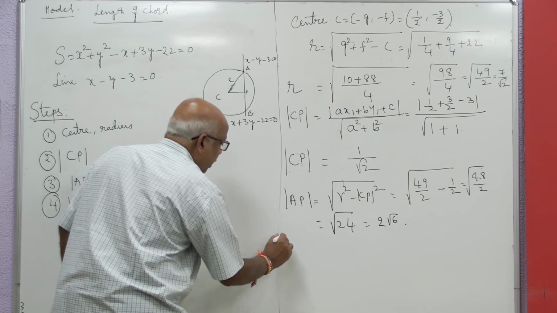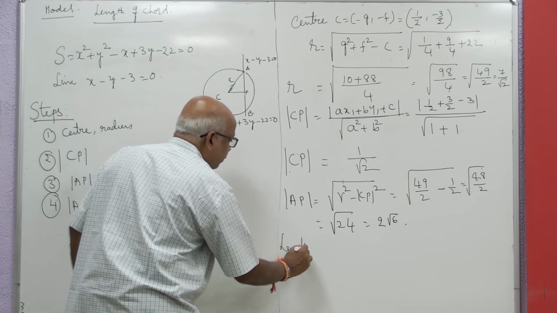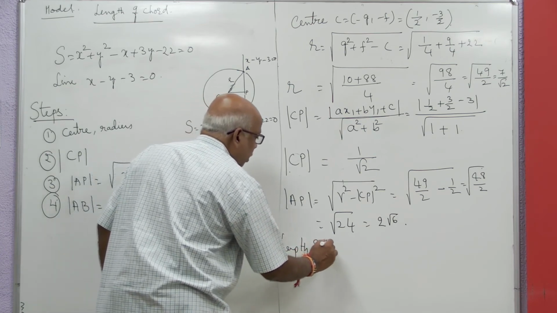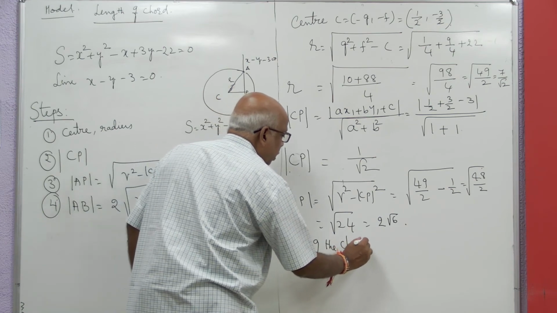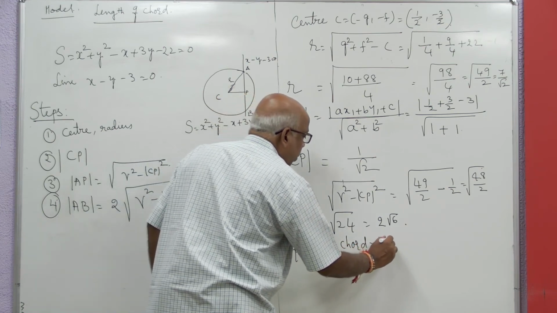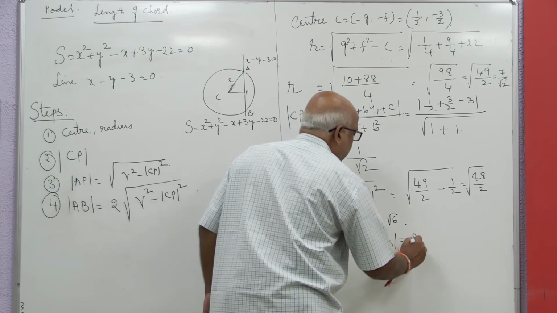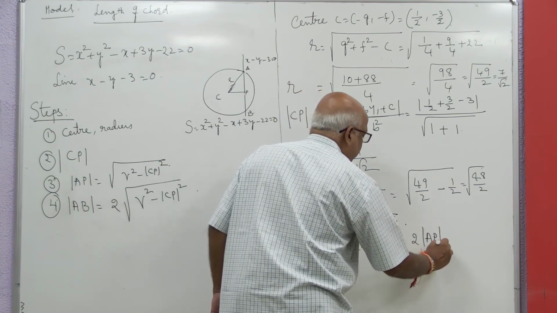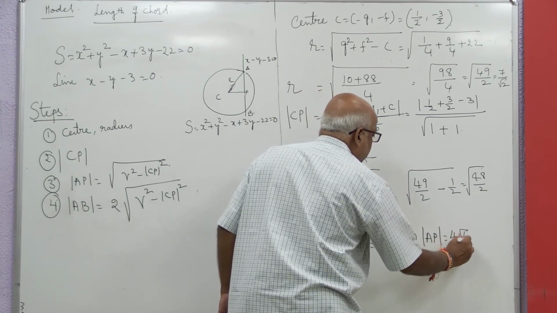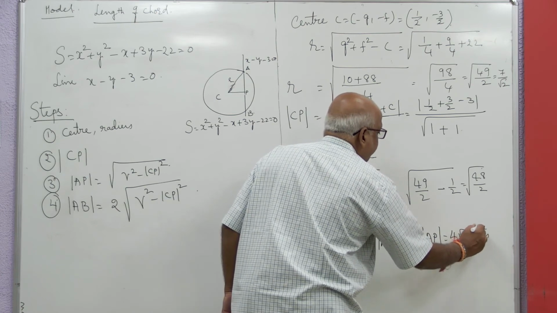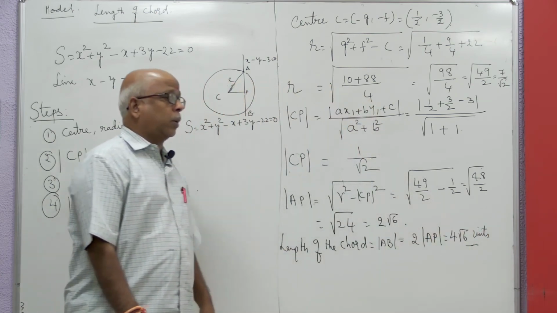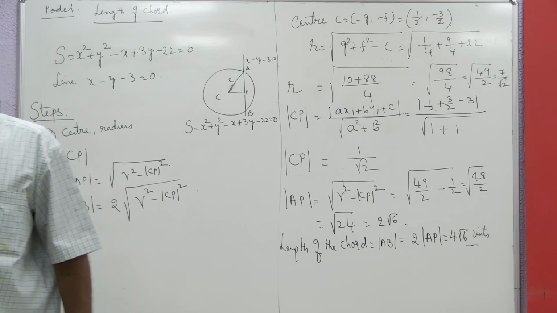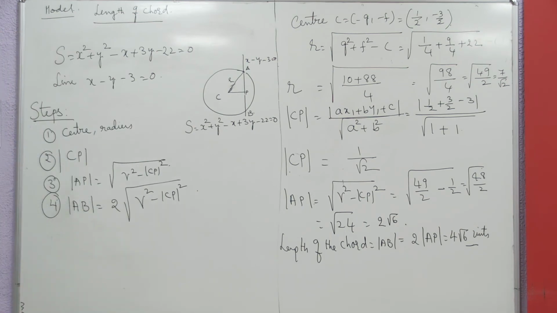Then the length of the chord AB equal to 2 into mod AP, which is equal to 4 root 6 units.